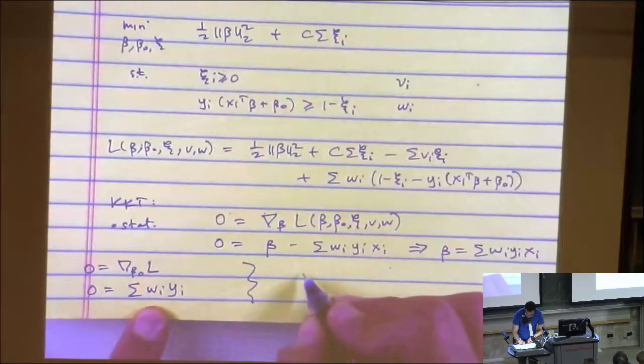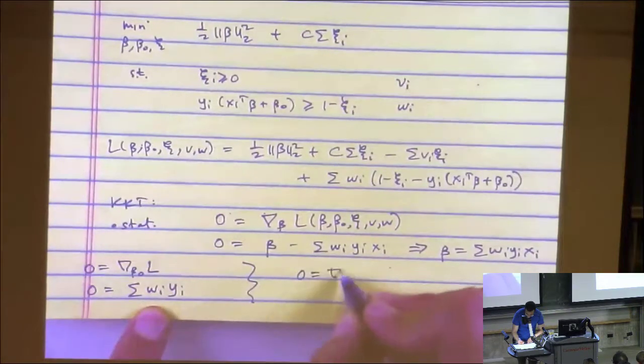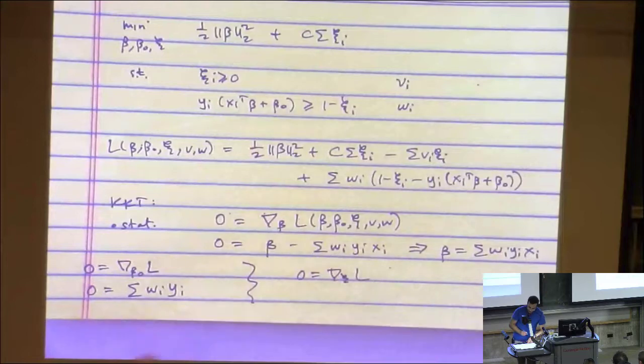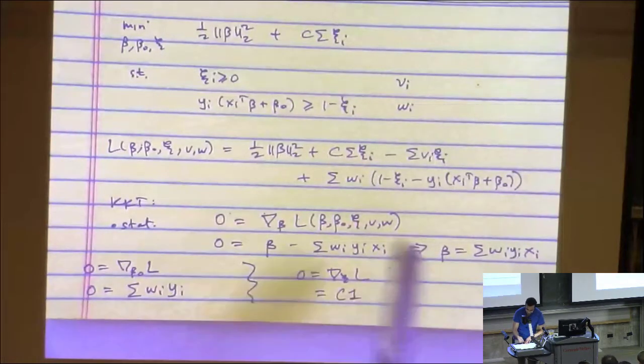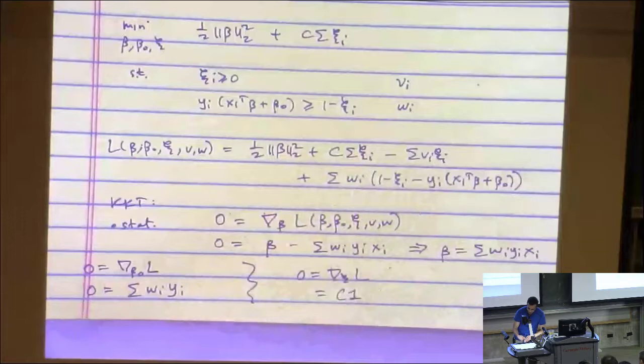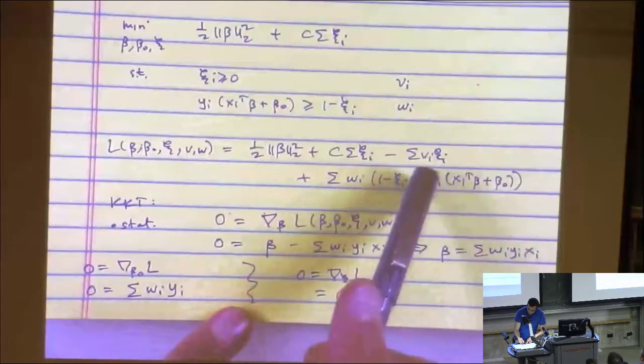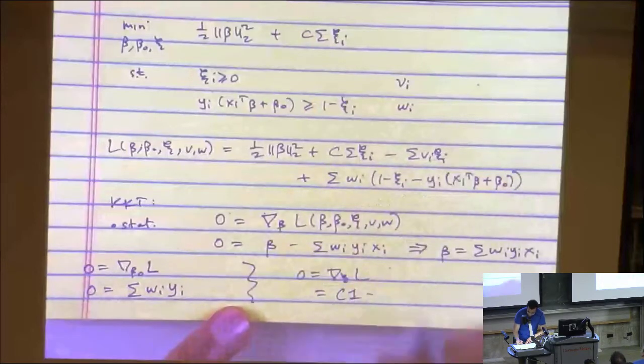And lastly, we can take a gradient with respect to psi, and we'll get something like this. C times the 1's vector, right? If I were to differentiate this in every component, I just get the 1's vector. Minus this I can think about as minus v transpose psi, so that's just v.